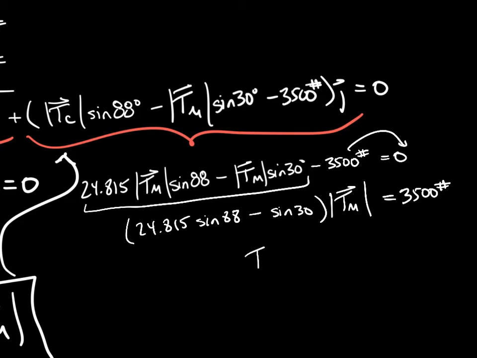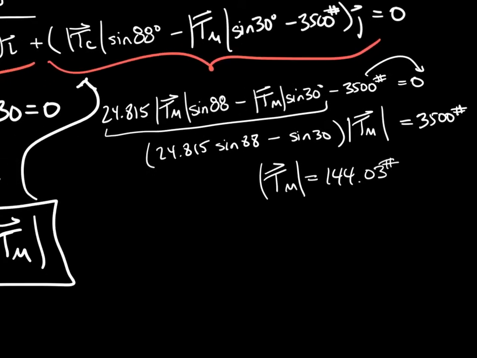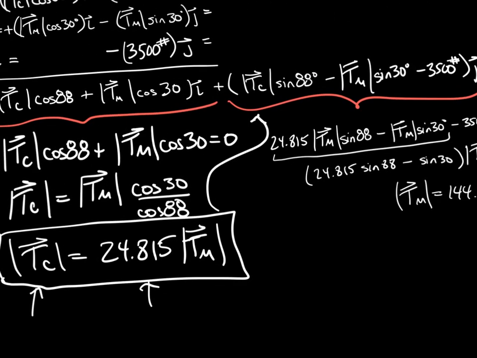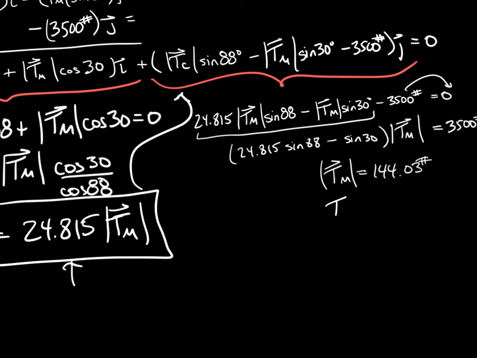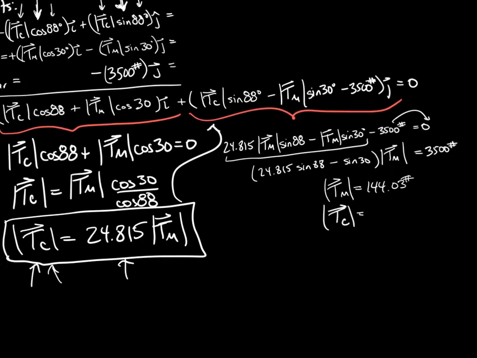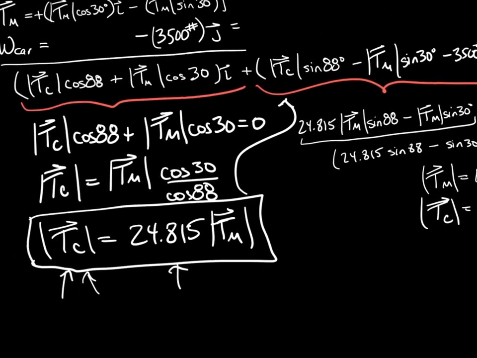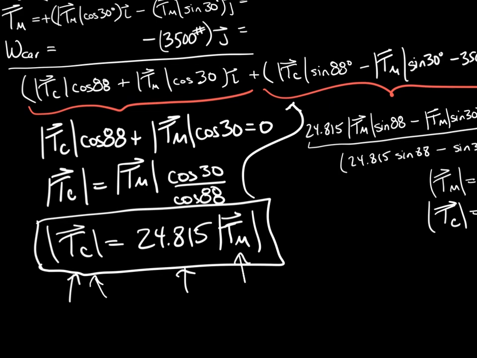When I solve all of this, we get that the magnitude of that force is 144.03 pounds. So the tiny man is pulling with 144.03. And if I want to know the force in the cable, I'll do the TC, the tension in the cable, and I'll multiply 144.03 by 24.815.